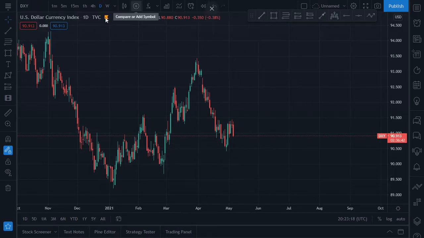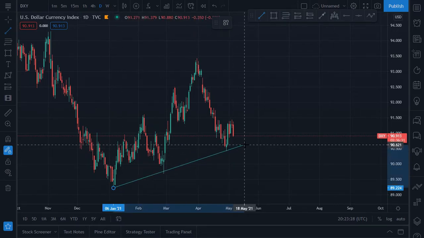Right off the bat, what you can see is that you have this uptrending support, which has 1, 2, 3 touches, just like so.